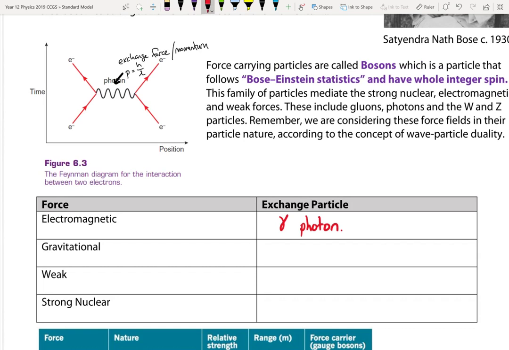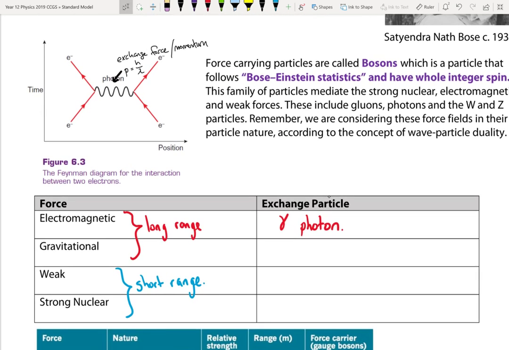Gamma for now. So, these guys here are actually long-range forces, gravitational. Then the other two are very short-range. Now, I'm jumping all over the place here. Let's just go back to the top diagram.